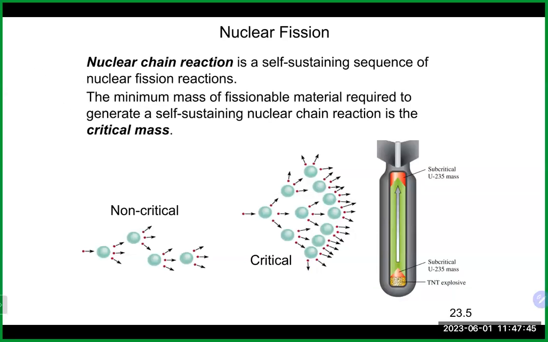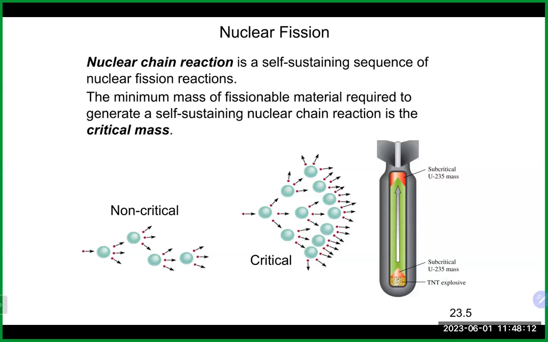So in a fission reaction, it's important that certain factors maybe don't occur, or if they do occur, it may not be such a great thing. And that's because we can have what is sometimes referred to as a nuclear chain reaction. A nuclear chain reaction is basically a self-sustaining reaction that occurs when fission begins.